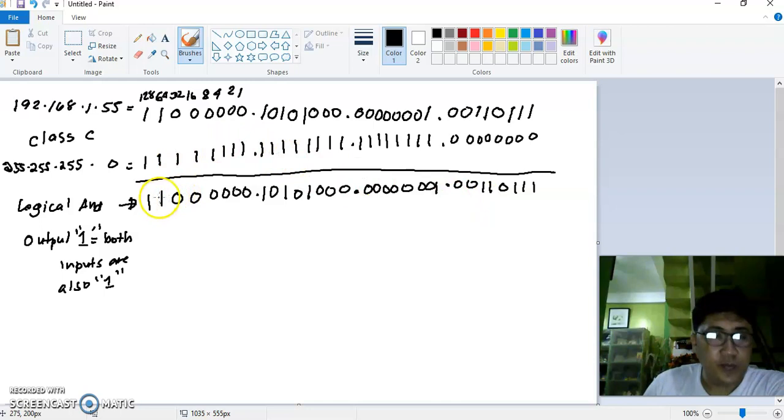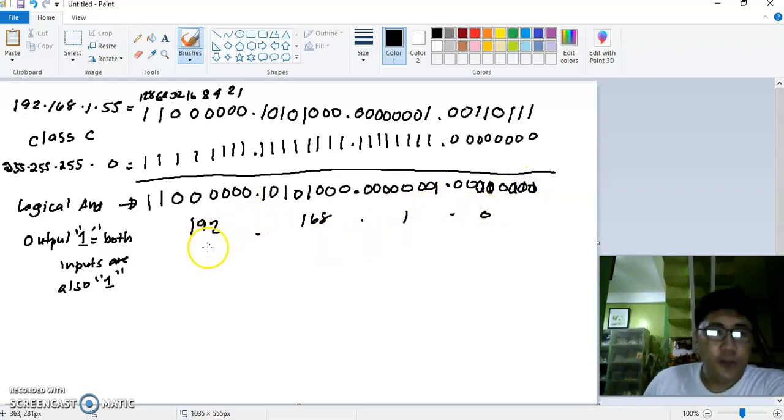If you notice, going back, this 128 plus 64 is 192, and this one is our 168. Up here, only 1 is activated, so that is 1. Sorry, that is 0 there, so this is also 0. Actually, all of them are 0.